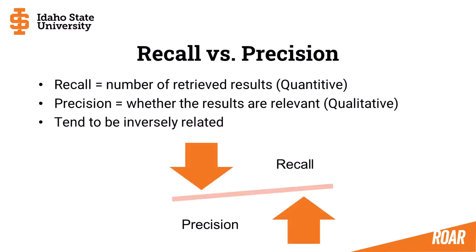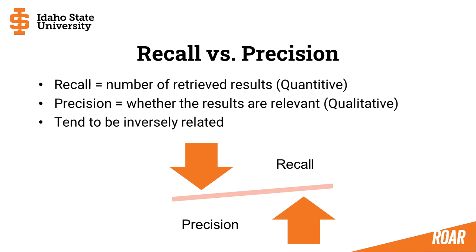When we think about using these organized methods in order to retrieve information from databases, one of the concepts we need to really think about is the difference between recall and precision. Recall is when we're thinking about the number of results, or our goal is to retrieve as many results as possible. This is a very quantitative measure of searching.